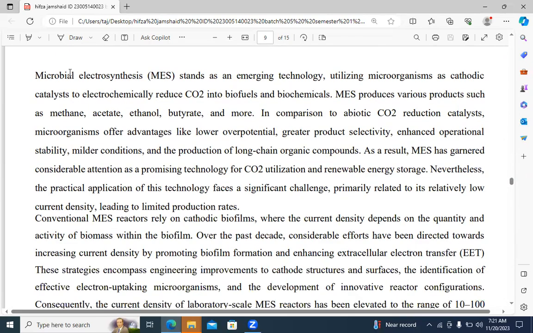Microbial electrosynthesis is the technology in which we utilize microorganisms. We will use microorganisms as a cathodic catalyst to reduce carbon dioxide into biofuels and biochemicals. So at the end, microbial electrosynthesis produces various products such as methane, acetate, ethanol, and so on.